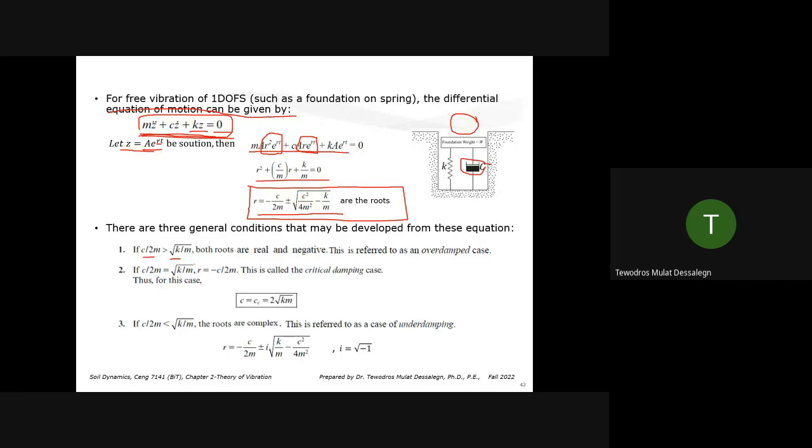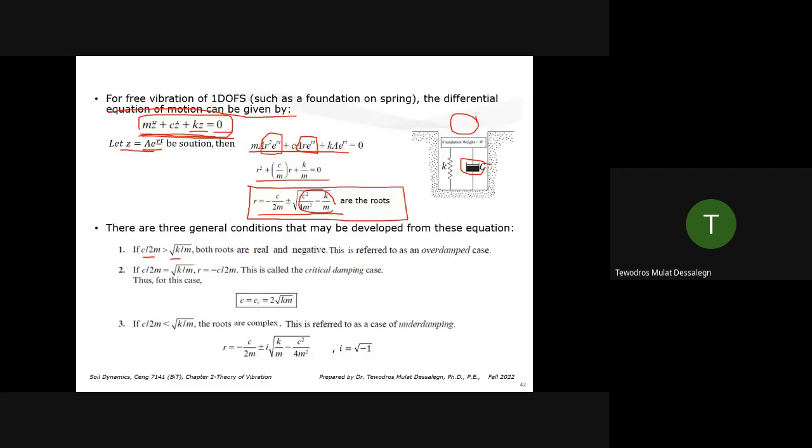If C by 2m is greater than the square root of k by m, we're trying to see whether the term under the square root is 0, less than 0, or greater than 0. Those are the three cases. When C by 2m is greater than the square root of k by m, this number is positive, so we have a real solution.